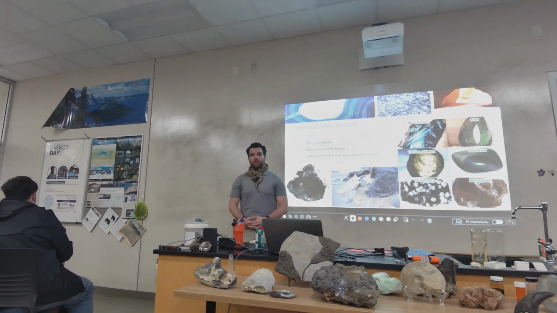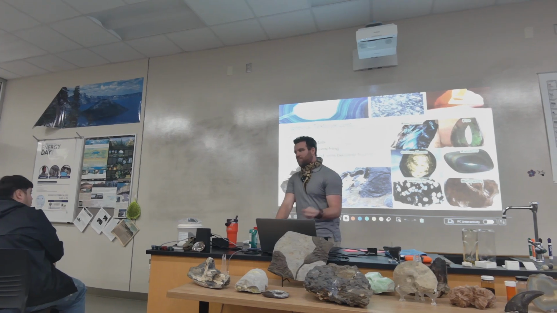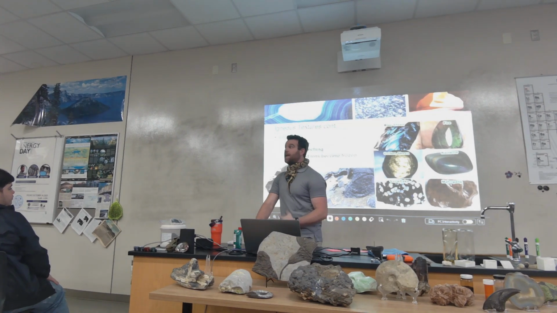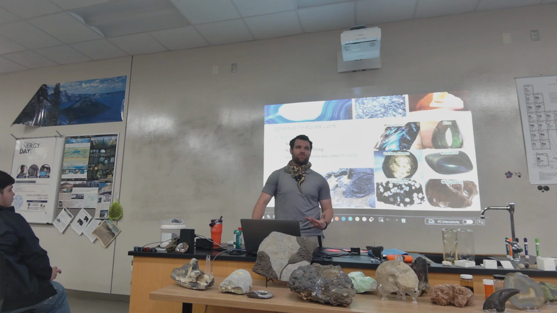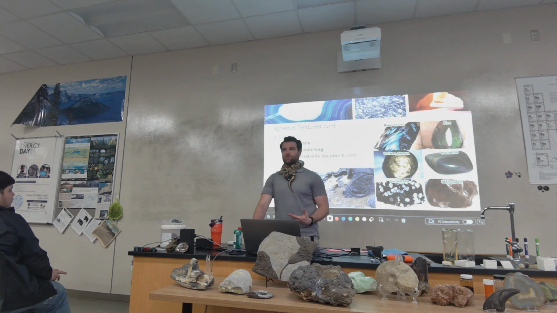Okay. You can actually take igneous rock, melt it, and then instantly quench it and make obsidian. I've done it in a lab before when I was working on my bachelor's degree.